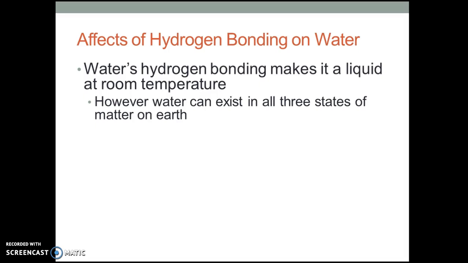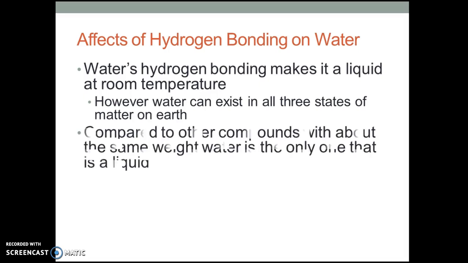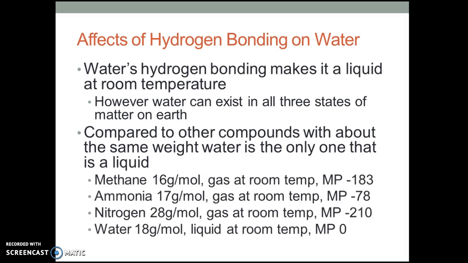Do remember, water can exist in all three states of matter on Earth, but around room temperature, water's a liquid. Compared to things that are about the same size, water is the only one that's a liquid. Methane's about the same size. It's a gas. It melts at 183 degrees below 0 Celsius. Ammonia is roughly the same size.